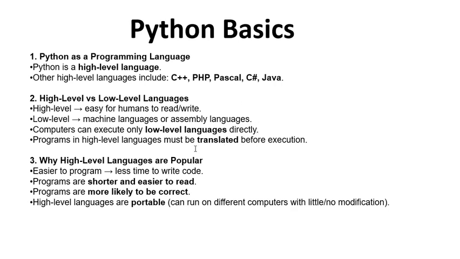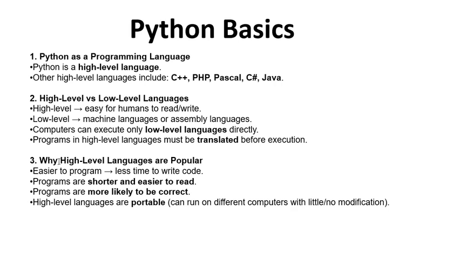Before executing, the high-level languages must be translated to low-level languages. Understood? Whenever we use high-level languages, it should be converted to low-level language and then it will execute. This is all about high-level and low-level languages.